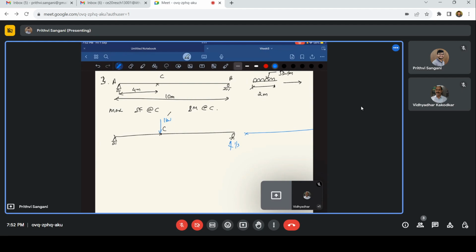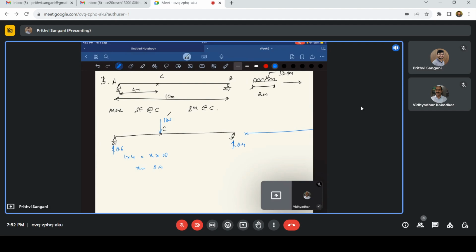Let me solve it. So 1 times 4 should be equal to x times 10. So x should be 0.4. So this is 0.4, and this should be 0.6.